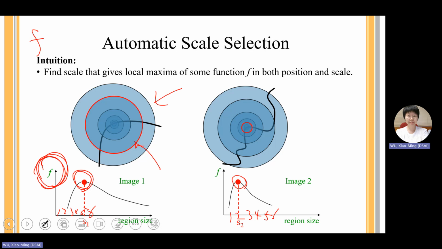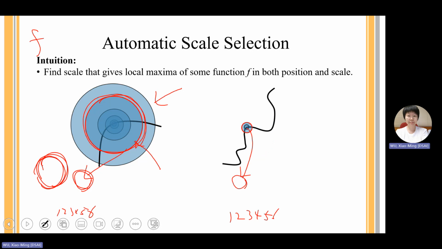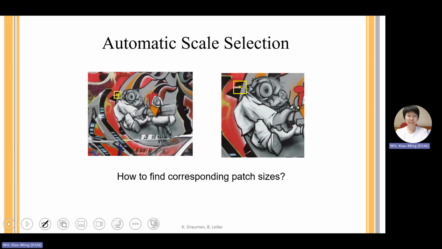That is, to look at the image content at different scales, and select the window that generates the largest response. So we can achieve automatic scale selection. We can apply an appropriate window size for different image patches at different scales.